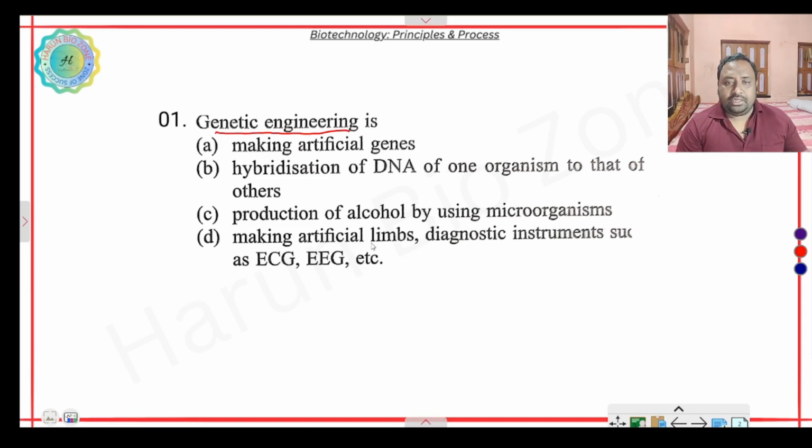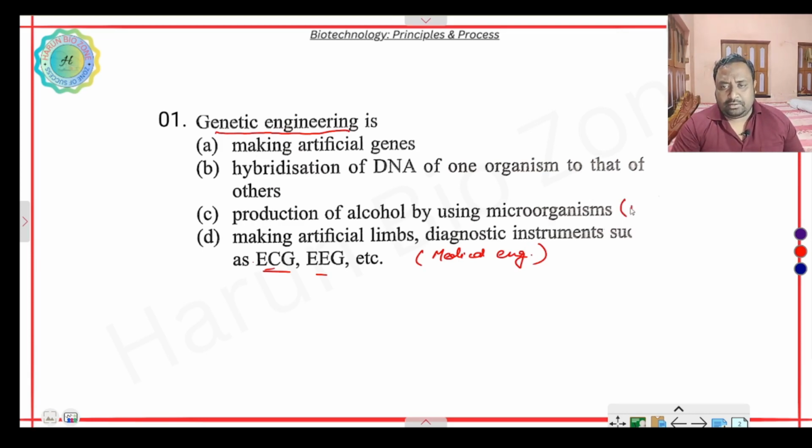Making artificial limbs, diagnostic instruments and some other instrumental sources like ECG is a medical engineering, okay.